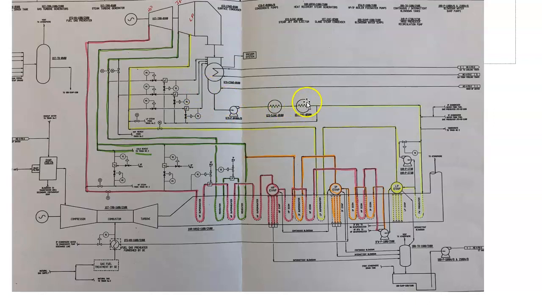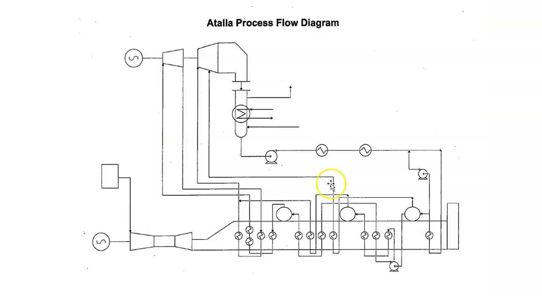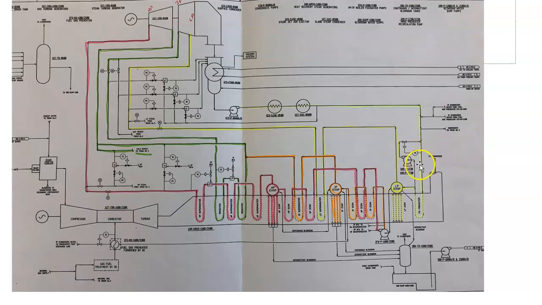The next heat exchanger is our gland sealing exhauster, which pulls a vacuum from our steam turbine glands. And then there's a recirc pump here. It's easily seen right here. And then this is our first feed water economizer as it goes into the LP drum.